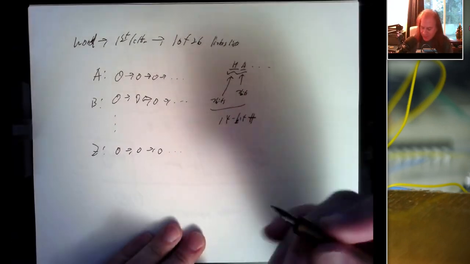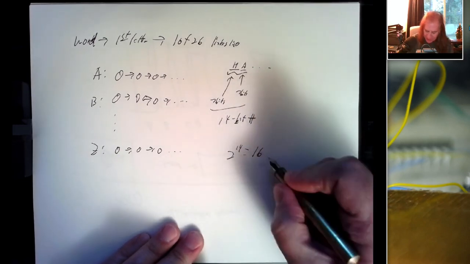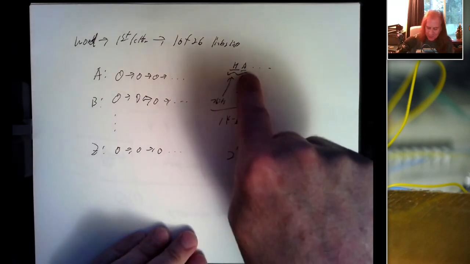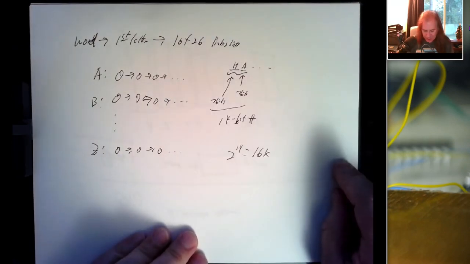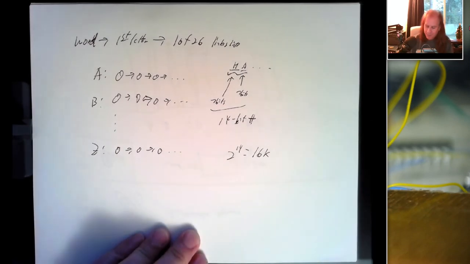Well, how many 14-bit numbers do we have? 2 to the 14th, 16,000. And so by looking at the first two characters of our word, we could choose one of 16,000 linked lists that all of our words that begin with an HA will be stored in.